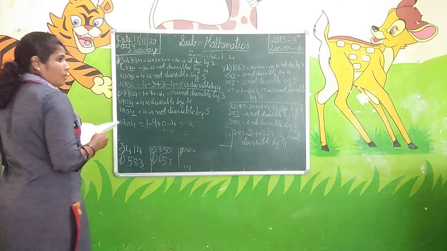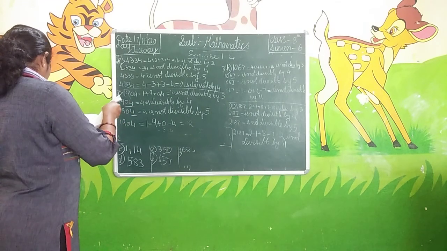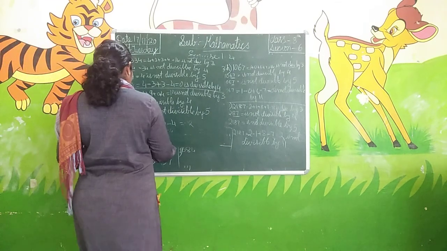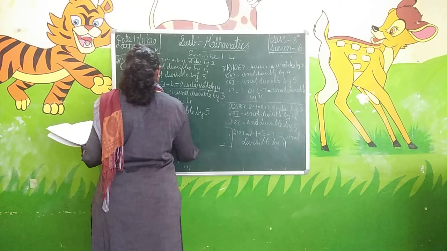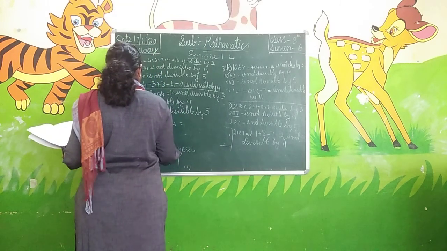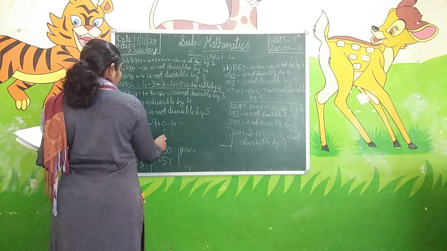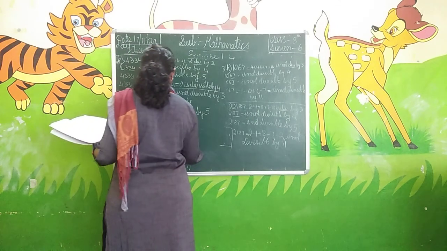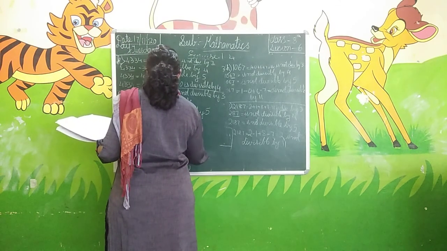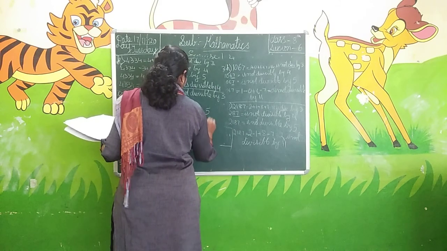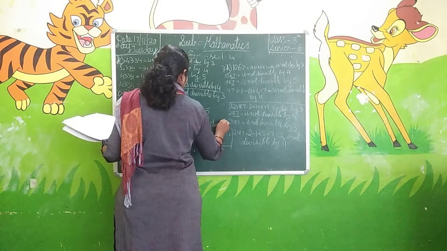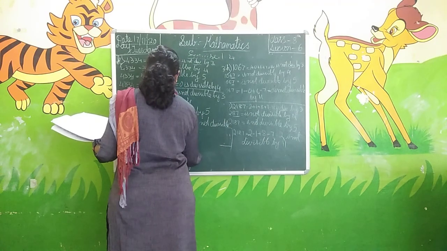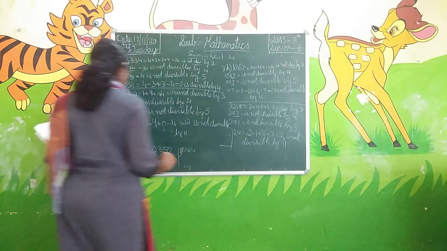So minus 12 is not divisible by 11. Got it, students?